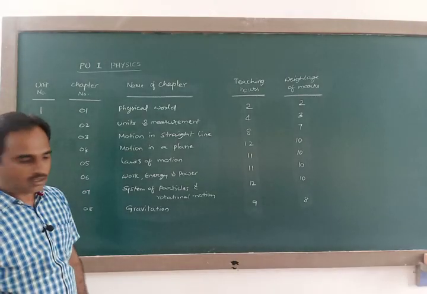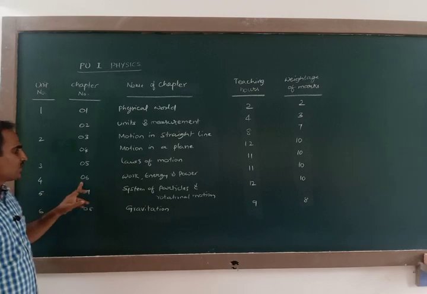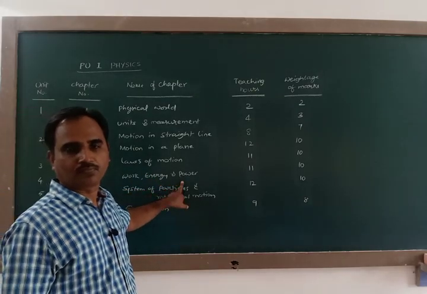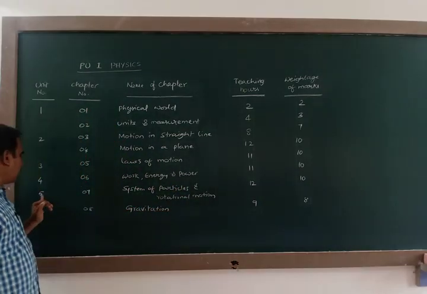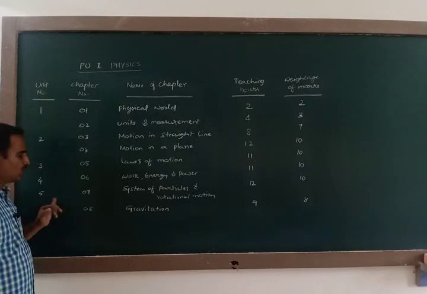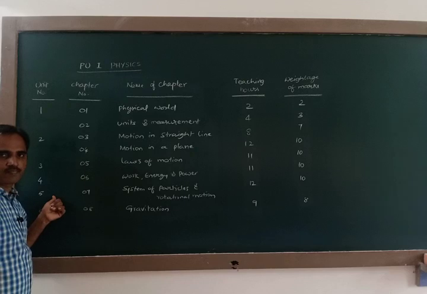The next topic is the 4th unit and the 6th chapter, which is work, energy and power. And the 5th unit, 7th chapter, is called rotational dynamics.